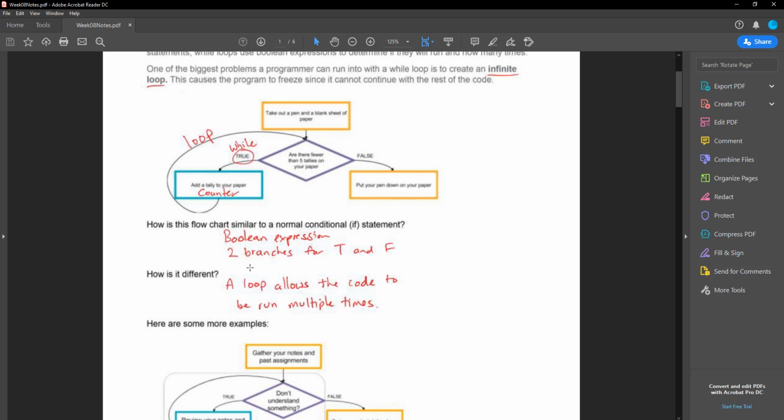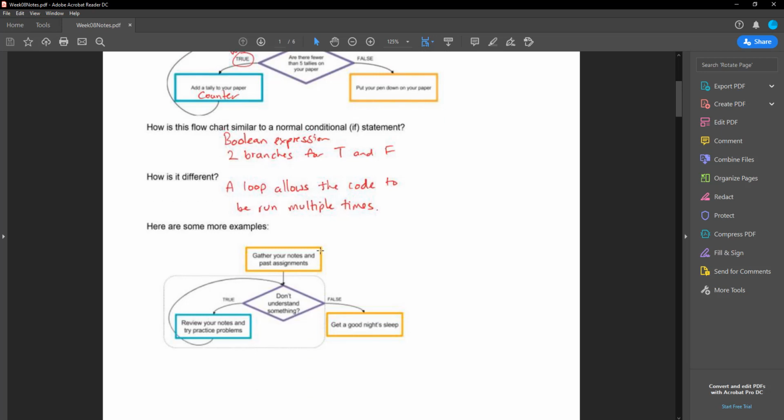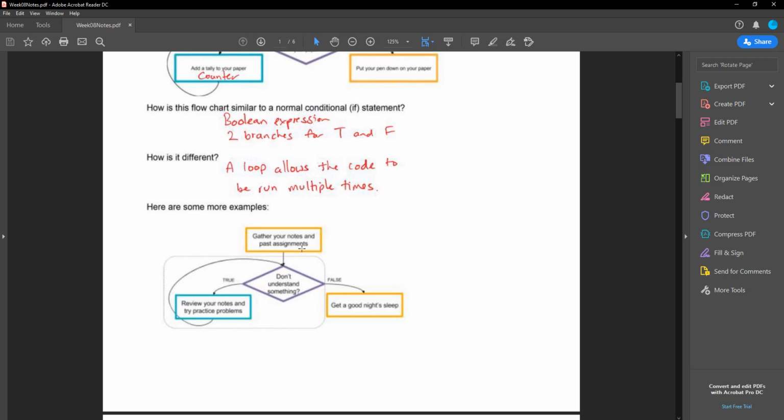Well, we can see that we've got the potential for this to run a number of times. And if and else would only have one possibility. Right. So that's just sort of, again, if you don't understand something, you keep having to review this loop if you're using a while loop. And then once you finally understand it, hopefully, you can get a good night's sleep.